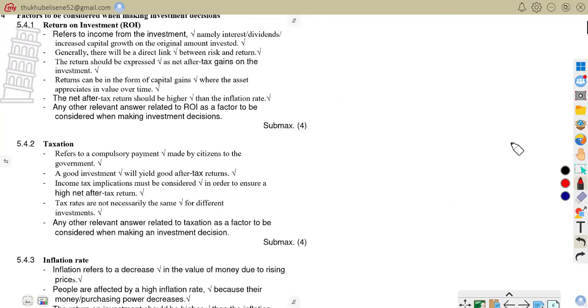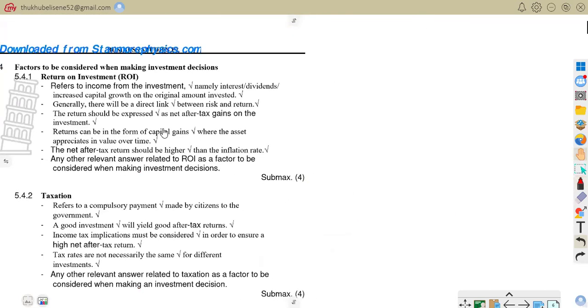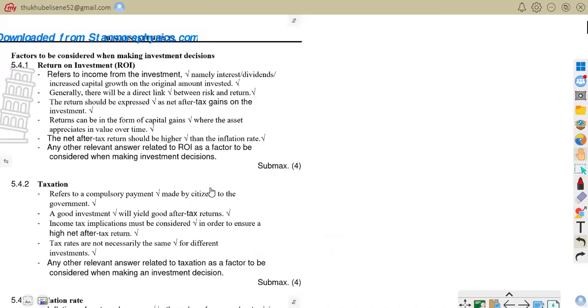So here we are under the factors to be considered when making an investment decision. We are first going to talk about ROI, return on investment.